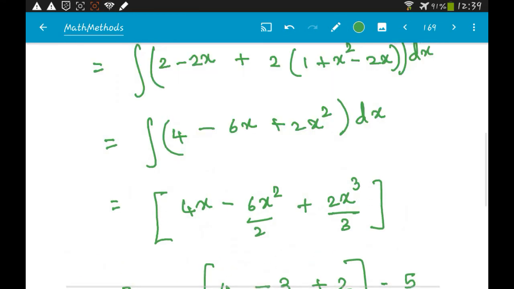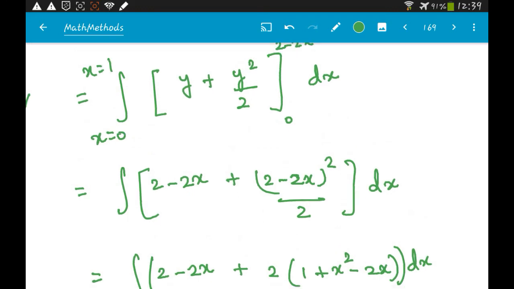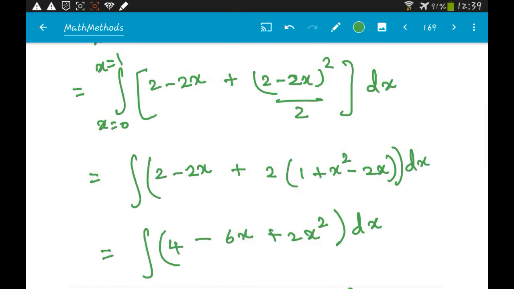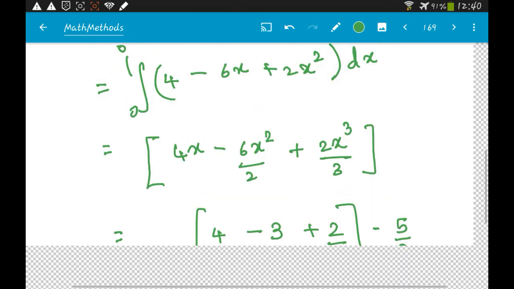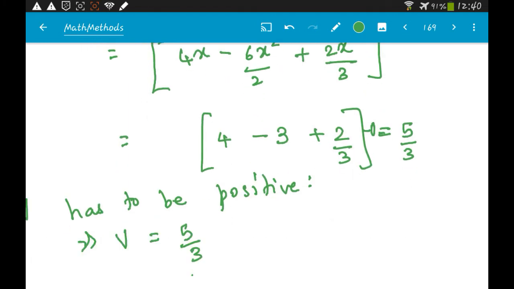Okay, so essentially you have from x equal to 0, x equal to 1, so finally which is equal to 5 by 3. Okay, so this is your volume.